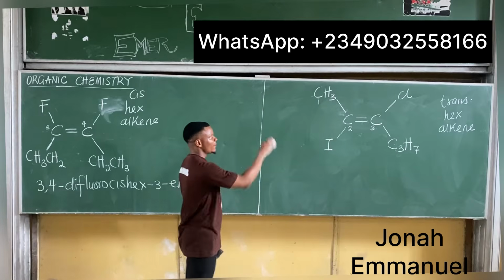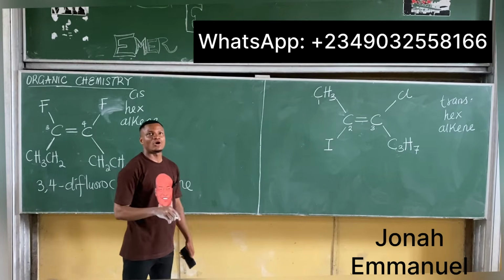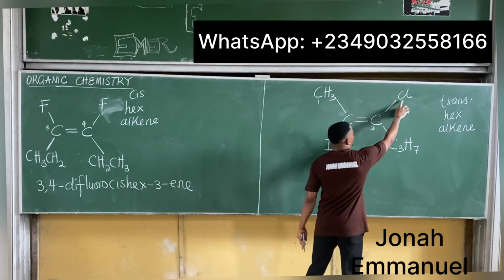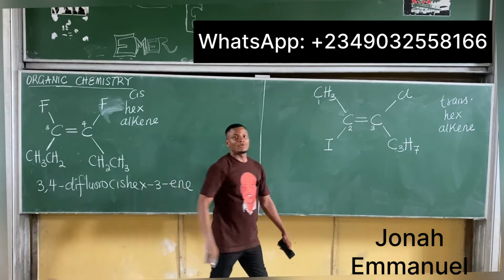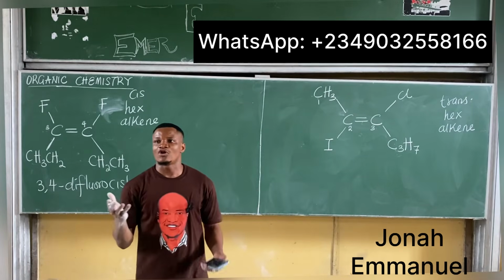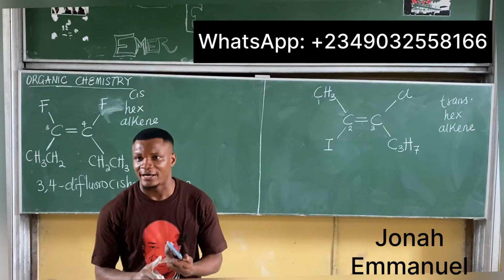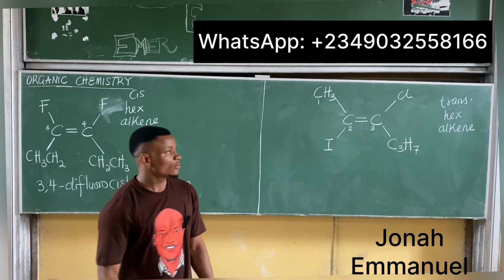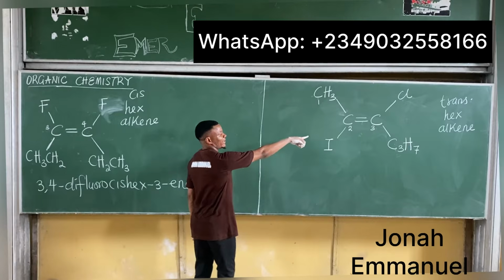With that one done, first things first, pick out your substituents. My substituents are what there? Chlorine and what there? Iodine. We said for cases like this, we consider what there? Alphabetical order. Between chlorine and iodine, which one comes first? Chlorine. Chlorine is attached to what number there?